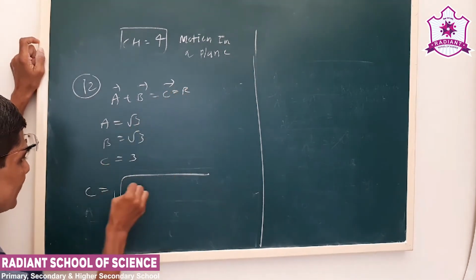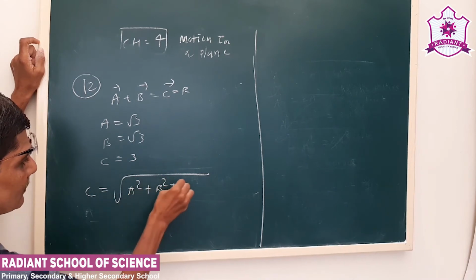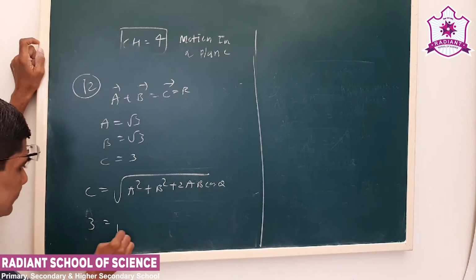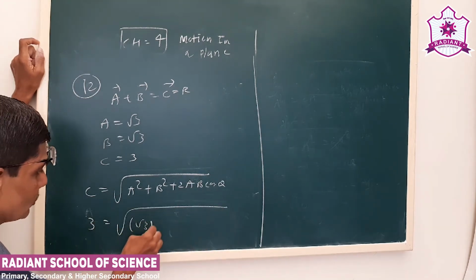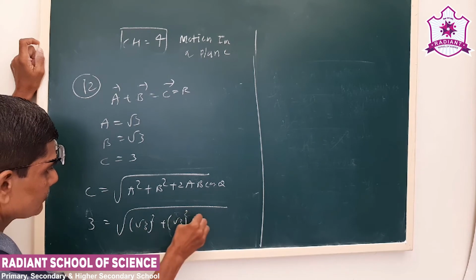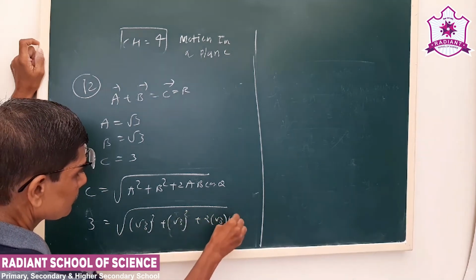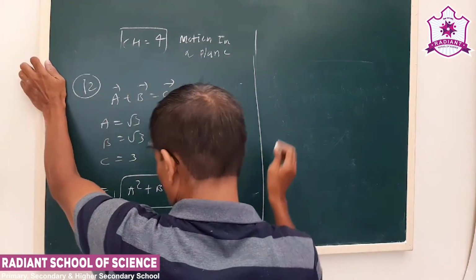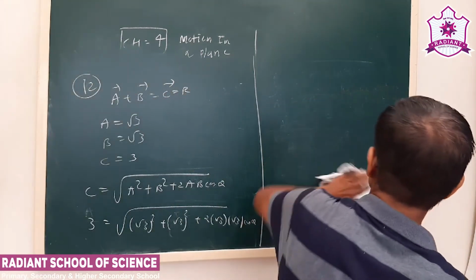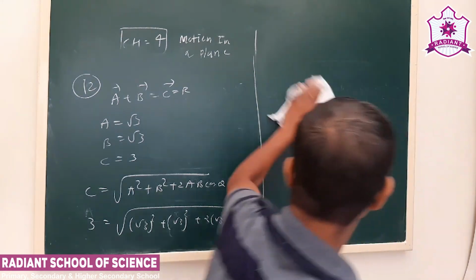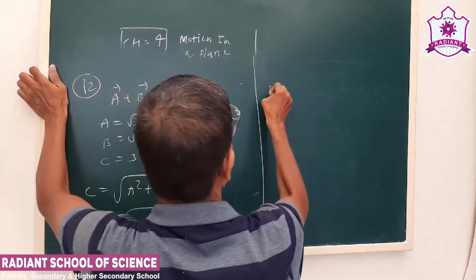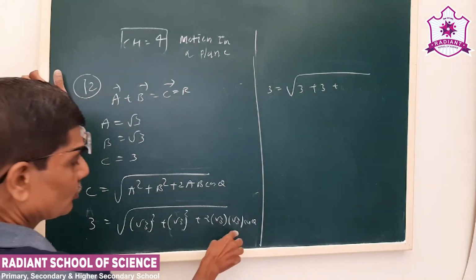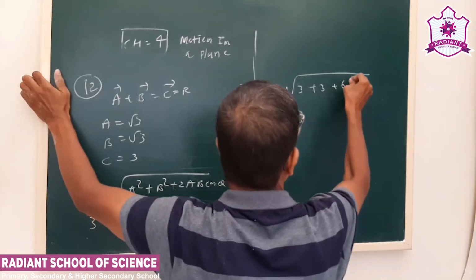So C is equal to, we can say, square root of A square plus B square plus 2AB cos theta. Okay, C is 3, root 3 square plus... Now see here, root 3 into root 3 will be 3, 2 3s are 6 cos theta.